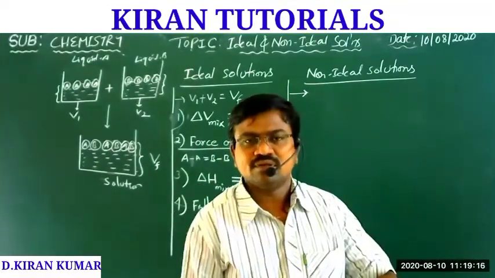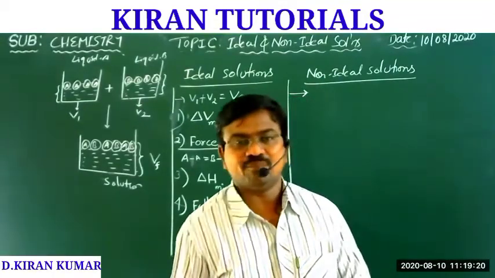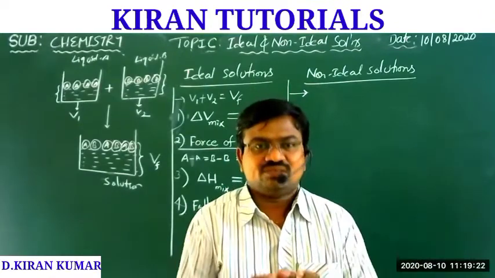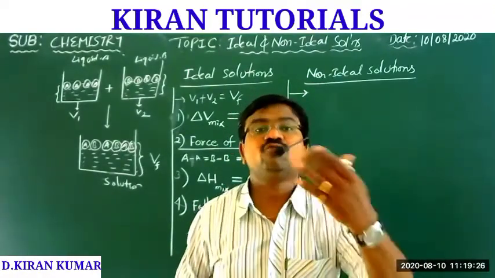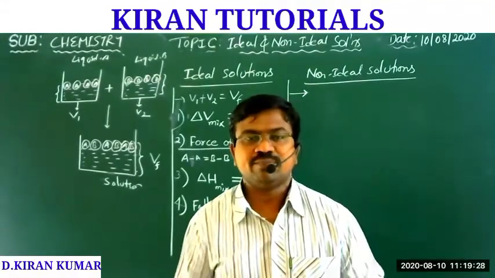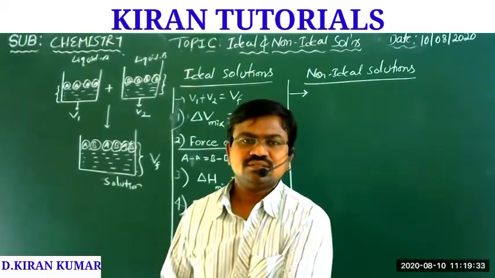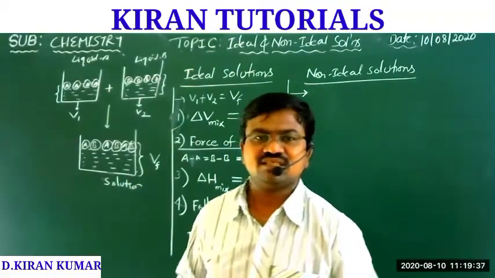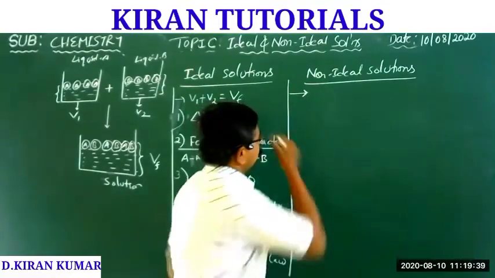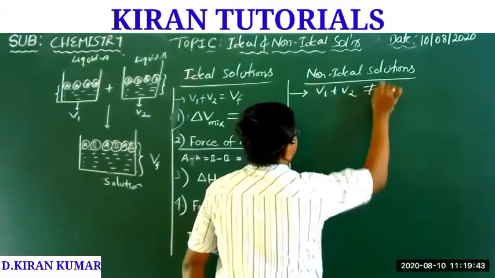If liquid A and liquid B are mixed, the final volume is not equal to the sum. It is not equal, meaning 30 ml plus 30 ml is not equal to 60 ml. It is more than 60 or less than 60. So V1 plus V2 is not equal to V3.